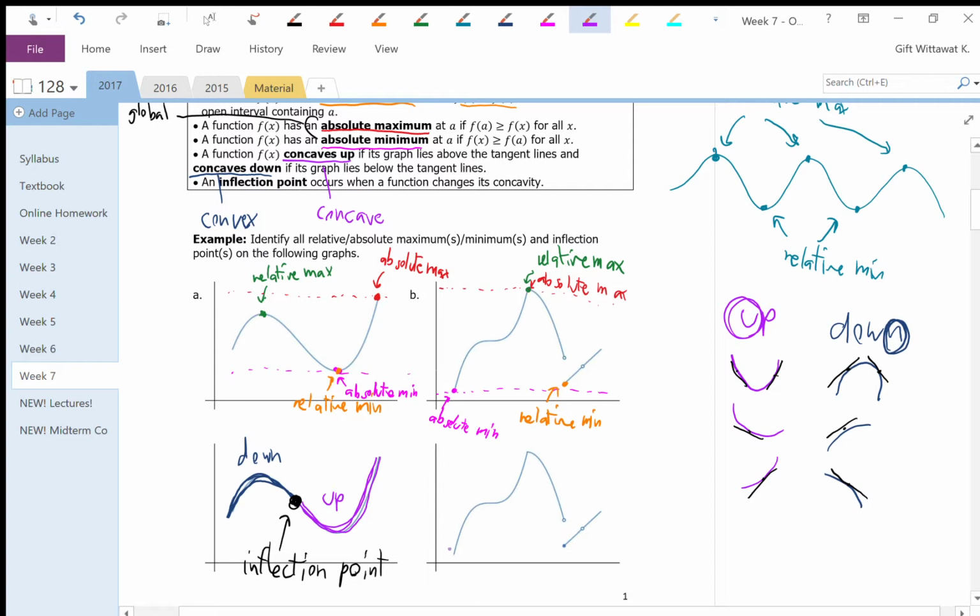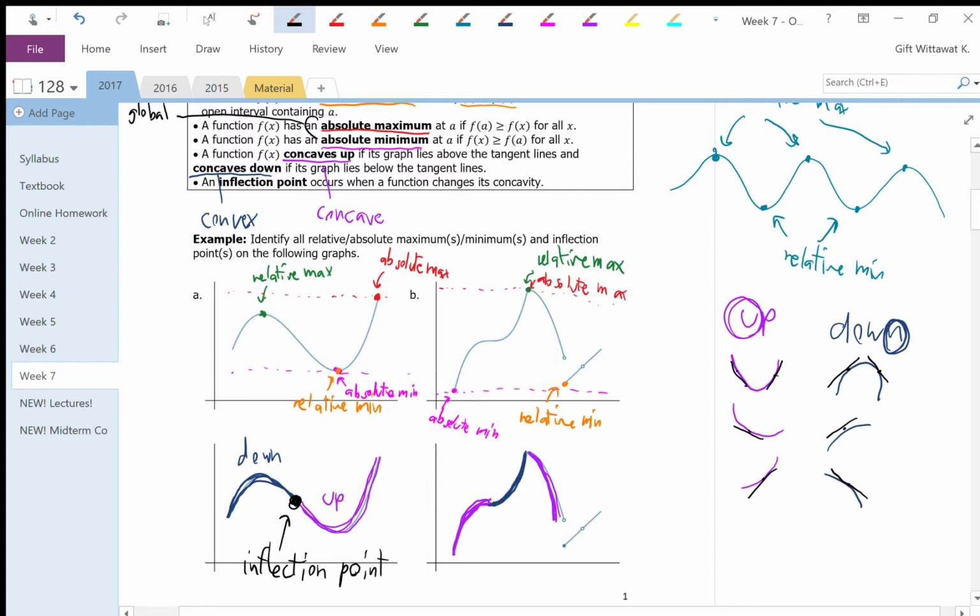The first half looks like the N shape, so this is concave down. The second piece looks like half a U shape, so this is concave up. And then the last piece looks like a half N shape, so it's concave down again. So we have my graph here: concave down, then concave up, and then concave down.